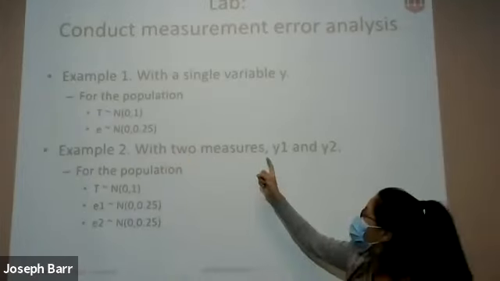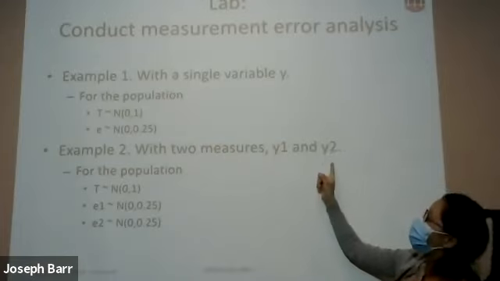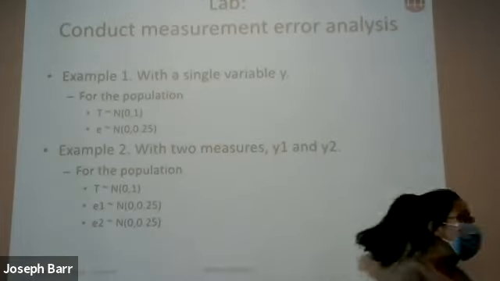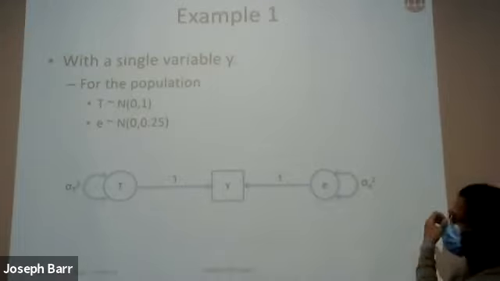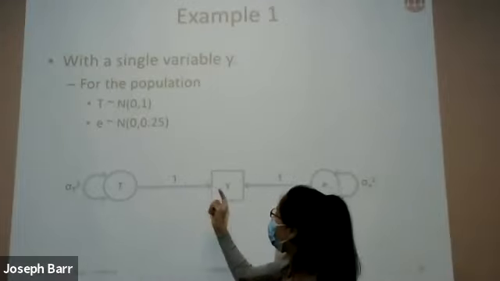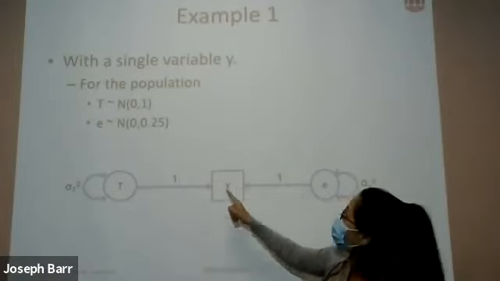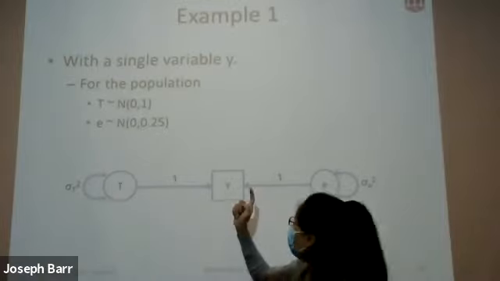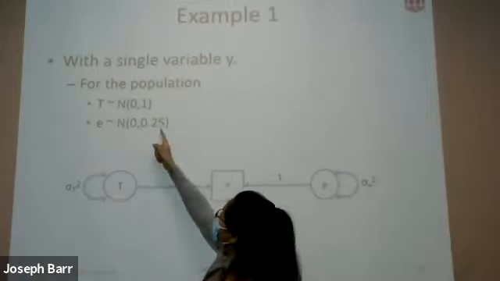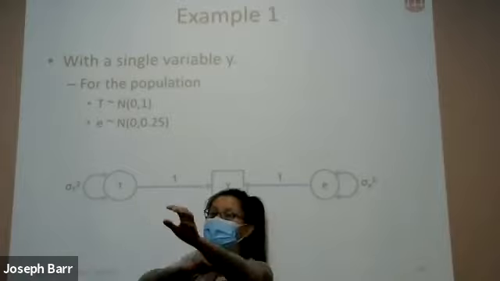For these 2 examples, the second example uses 2 measures, y1 and y2. We have some other parts. So let's look at the first example, one variable. Based on the CTT, this one variable y is the sum of the true score t and the error e. And in the population, what does that mean?